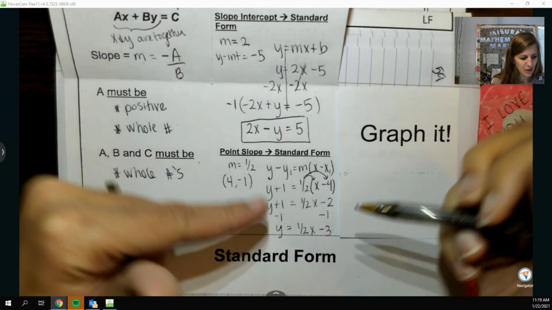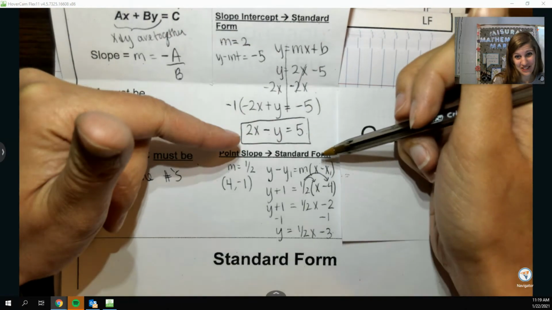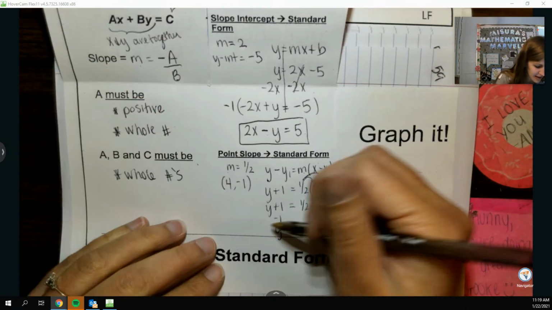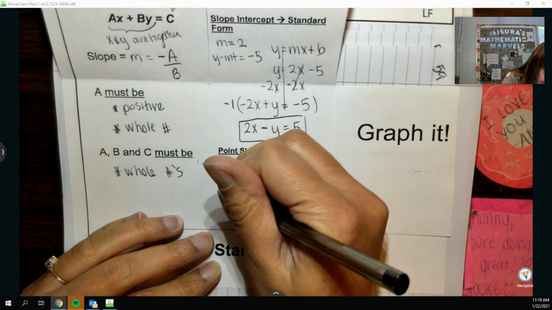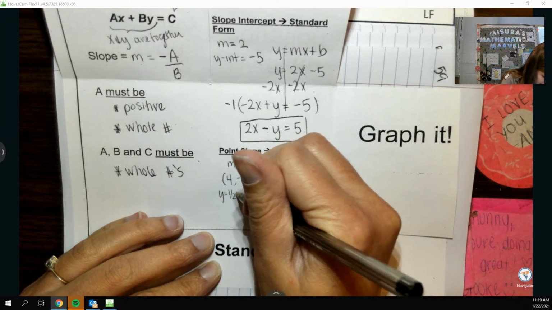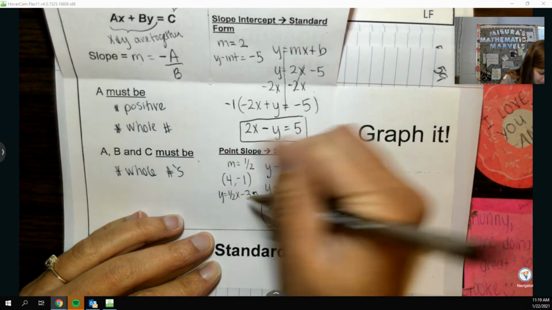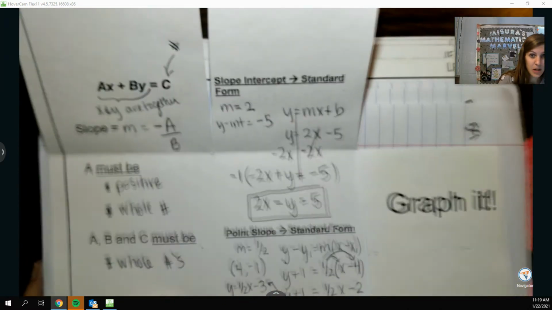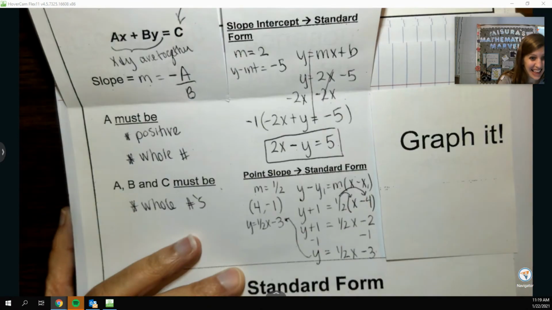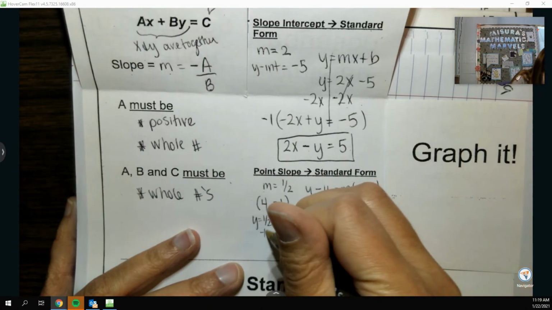And now that I'm in slope-intercept form, I have to do like I did up here. So moving this problem up here, I should have given this one a little bit more space. y equals 1/2 x minus 3. Like we did up here, we want to move the x over. Oh my word. So I'm going to subtract the 1/2 x.